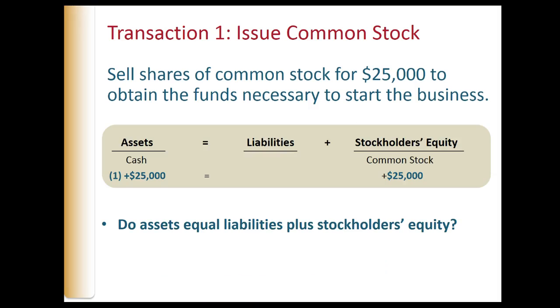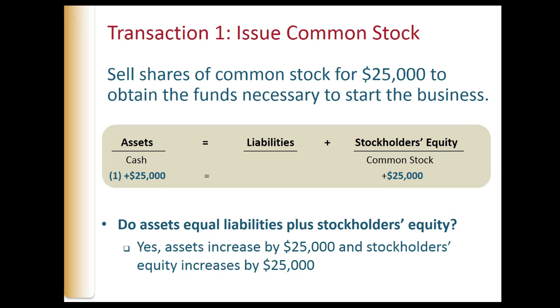So, do assets equal liabilities plus stockholders' equity? Cash is increasing and it equals the stockholders' equity increasing. Yes! We got it. Assets increased by $25,000 and our stockholders' equity is increasing by $25,000. Remember, the accounting equation has to balance.